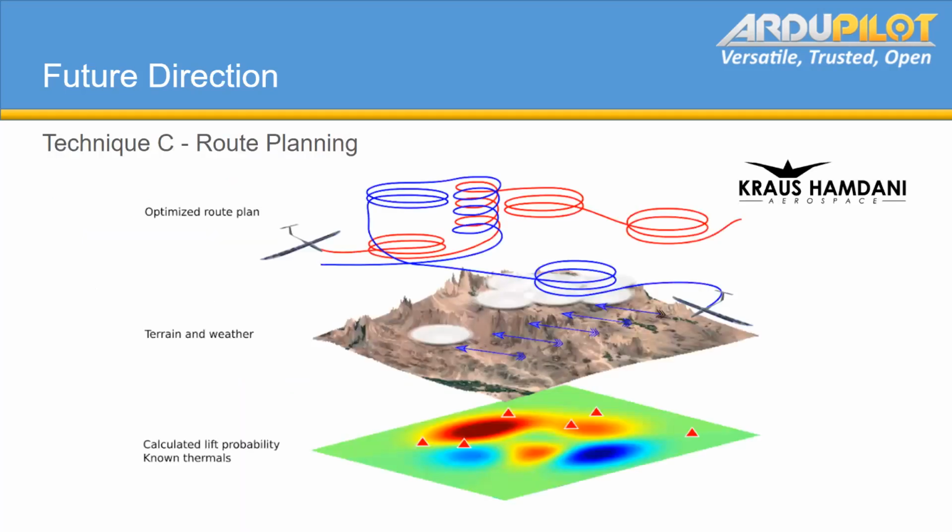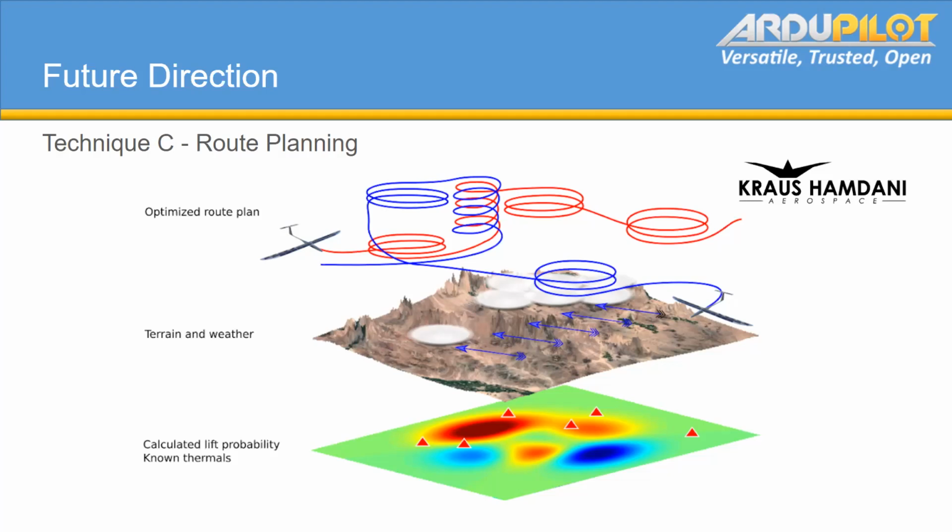And then finally, to leave you with this very quickly, this is the future potential for the third technique I mentioned, which is doing more intelligent route planning between different thermals. This is really a future effort, and it may be something which has to run on a companion computer or a more complex system. But the idea is that we have a bunch of information already about where we might expect to find better lift conditions. That can come from knowledge of the terrain, since different terrain features are more likely to generate lift and thermals, as well as different weather conditions, for example, the wind direction and the sun angle.